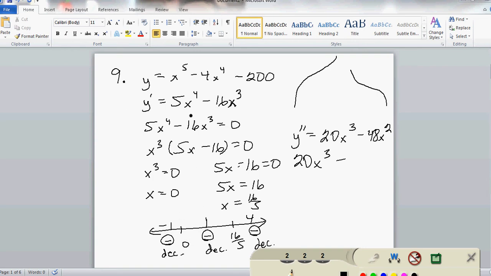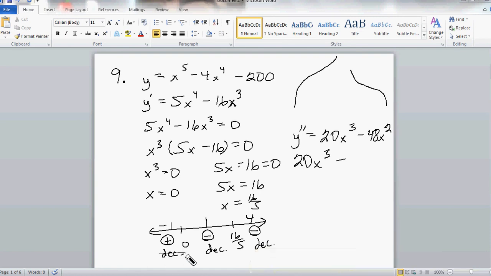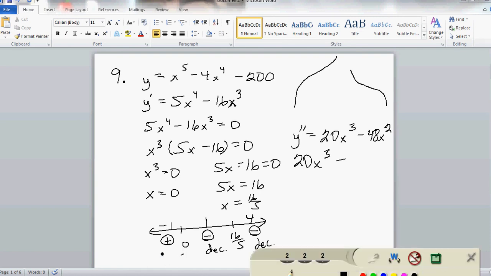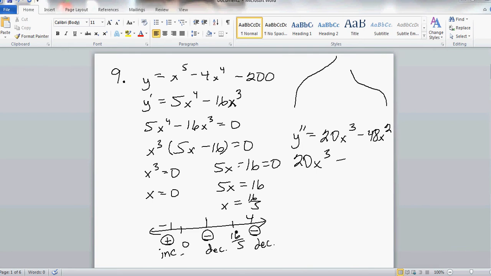So let's try -1. -1 here would be +5 and positive 16. So that is positive. So that means this has to be increasing. Should have known something wasn't quite right. Plugging in 1 into here, we get 5 minus 16, so that's negative, so that is still decreasing.